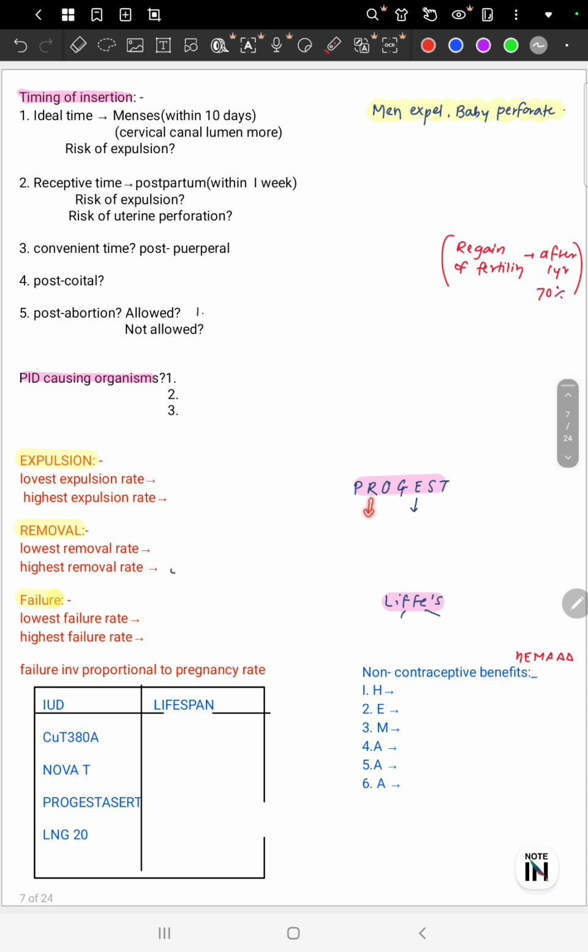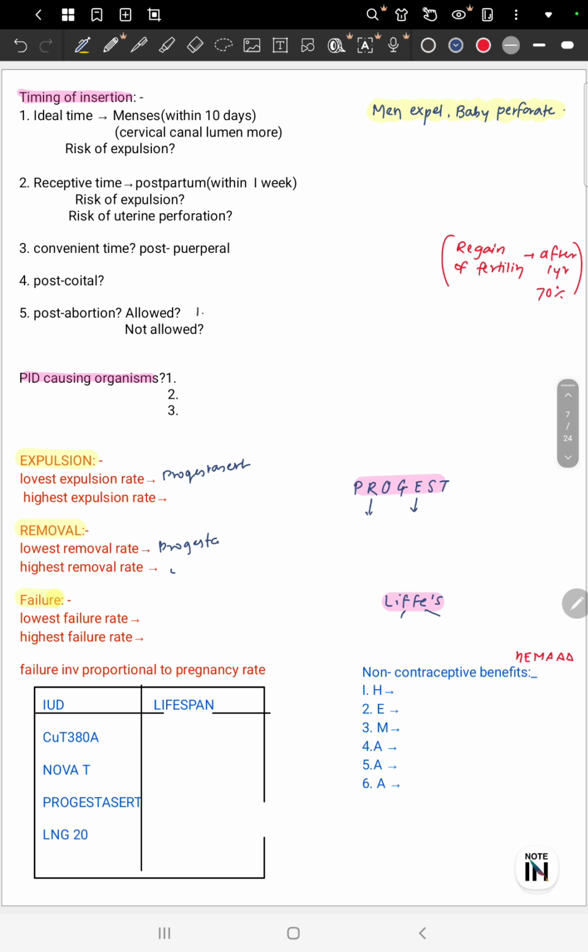R stands for removal rate and expulsion rate. So the lowest removal rate and lowest expulsion rate are both of progestasert.